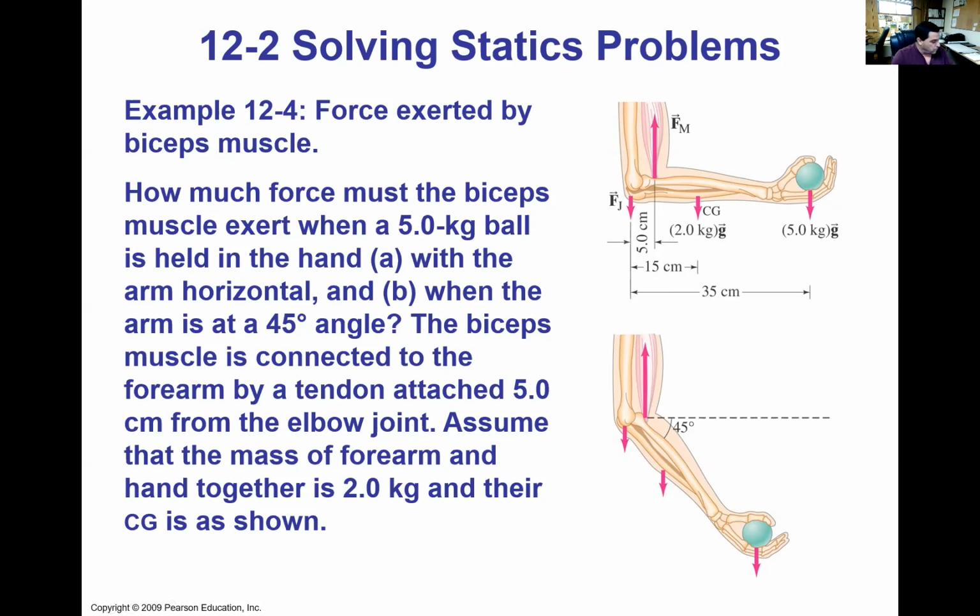Now, again, where you sum your torques about, in this example, it could help you depending upon where you choose to sum the torques about. I'm going to sum torques about this point right here, FJ. So I'm not going to redraw the free body diagram, you can kind of refer back to the picture.